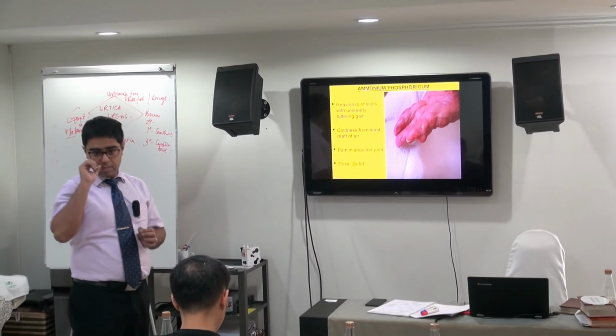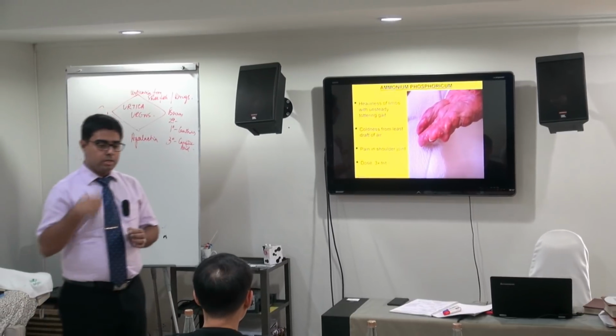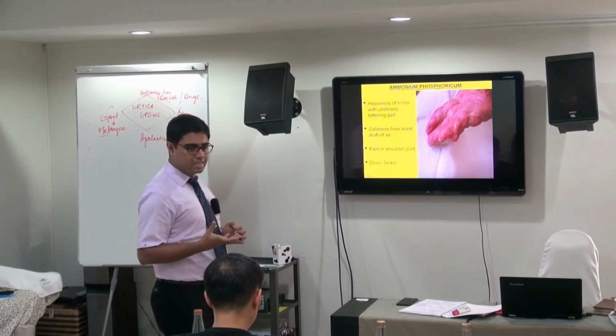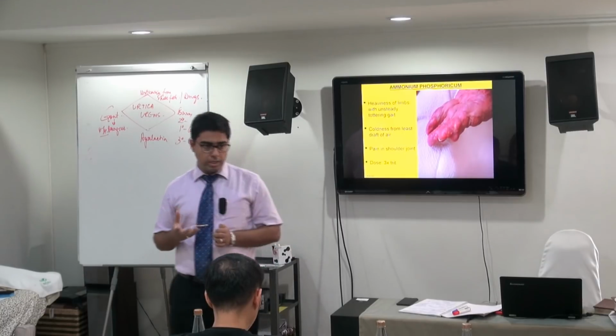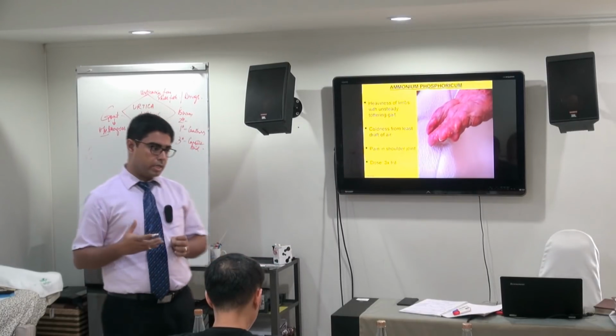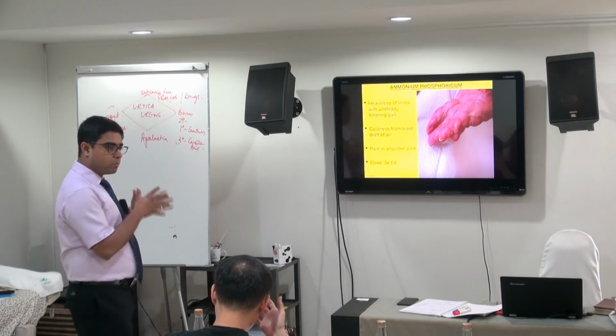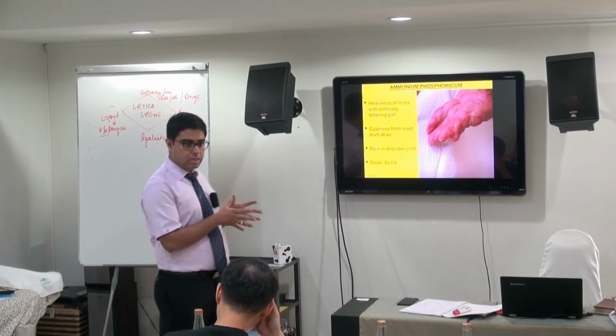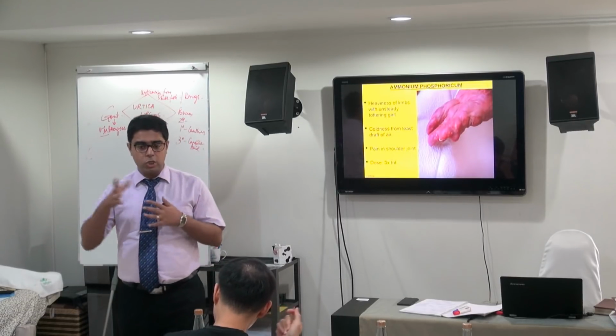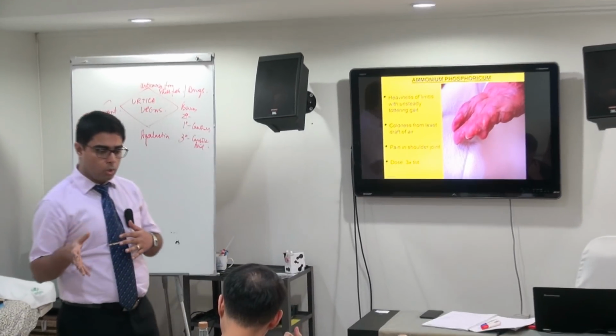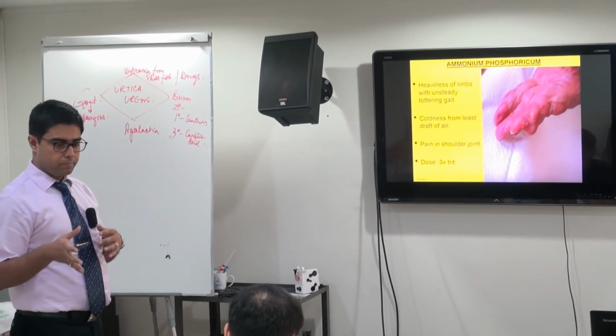I shared with you dorema was a medicine for breathing difficulty, bronchitis in winter. In old age, yes. Bronchitis in winter, in old age. So like dorema has got bronchitic symptoms developing in winter, similarly Ammon phos has got joint symptoms developing in cold air and cold weather, right?